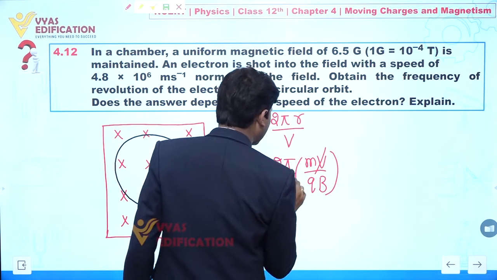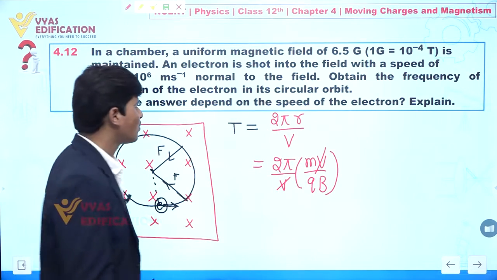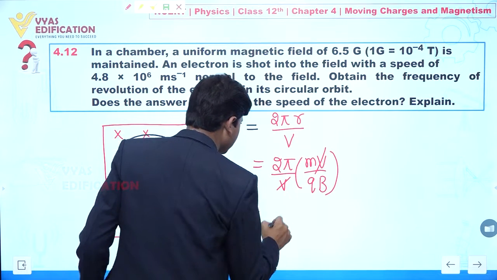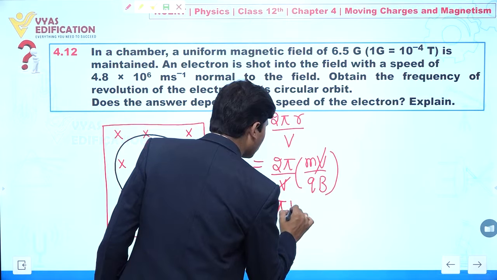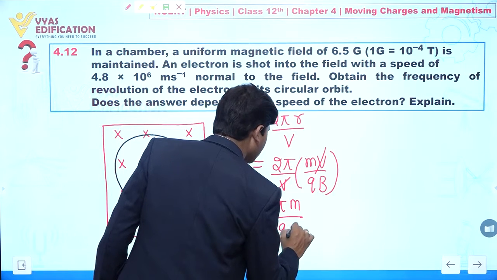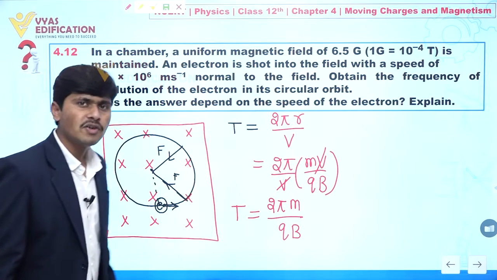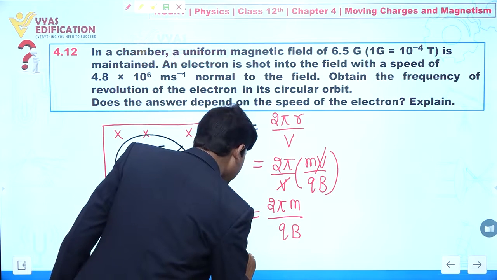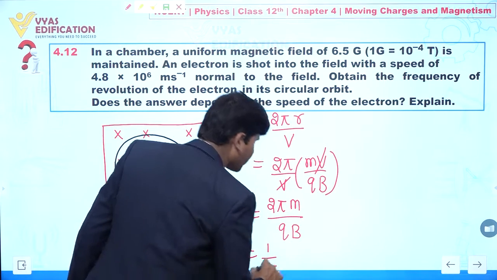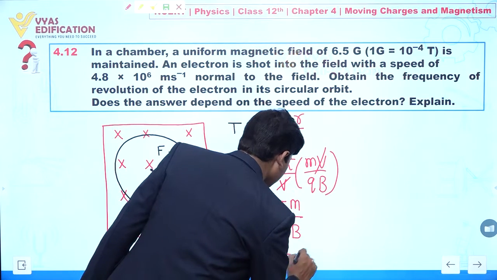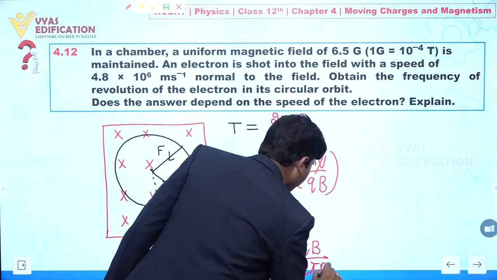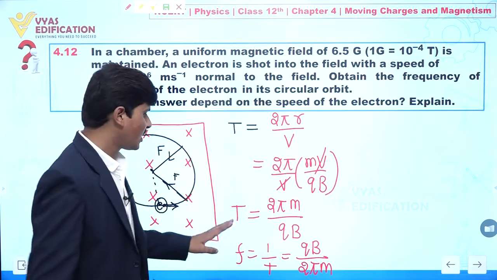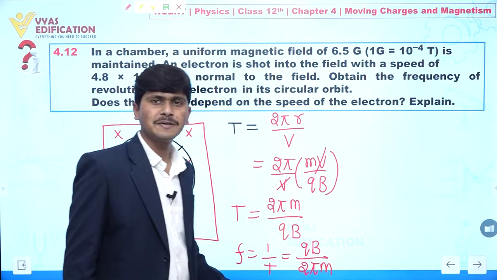Here v and v cancel out. So the time period of this electron is given by 2 pi m divided by qB. Now frequency is equal to 1 by T, and this is given by qB divided by 2 pi m. So this is the expression of frequency.